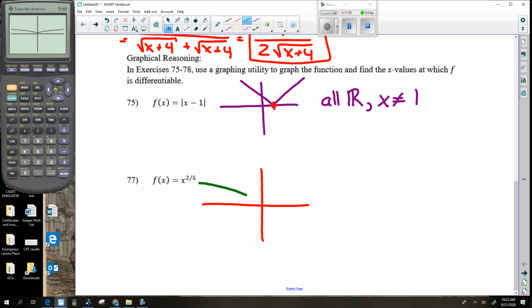It's like a square root, kind of like a 5th root, but a square root, and then like another root coming off of this. So this is a cusp right at the center. Where is it differentiable? It's differentiable for all real numbers except x is not equal to 0. It's not differentiable at 0 because of that cusp.